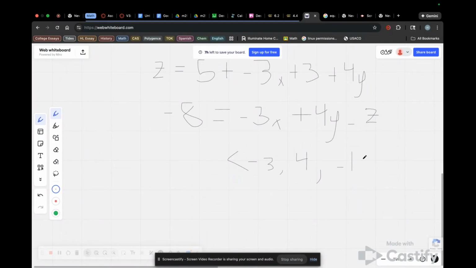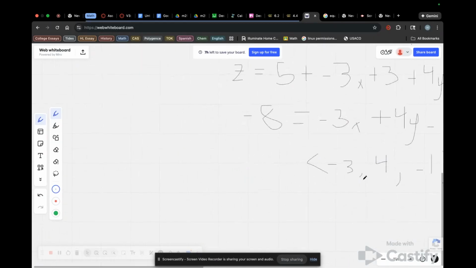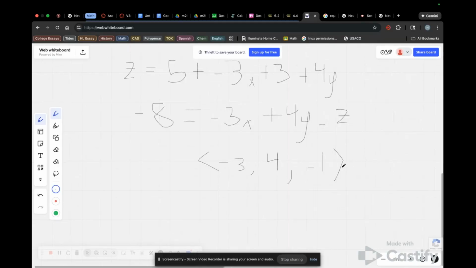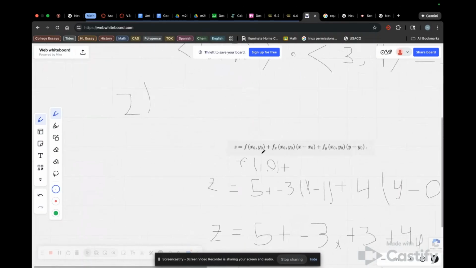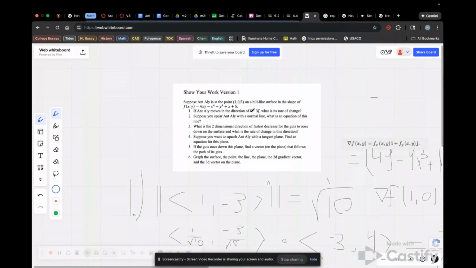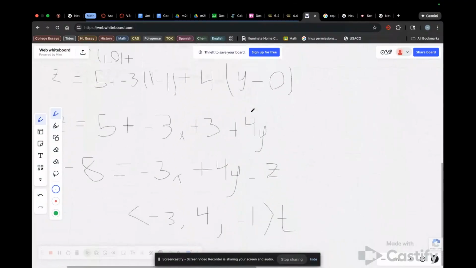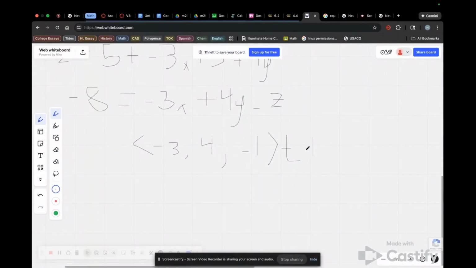But to make it the equation of the line, we have to make it an equation of a line. So this is the direction component, and then for the position vector, we could just use this point right here, and that'll get us our normal line. So (1, 0, 5), and that's that.